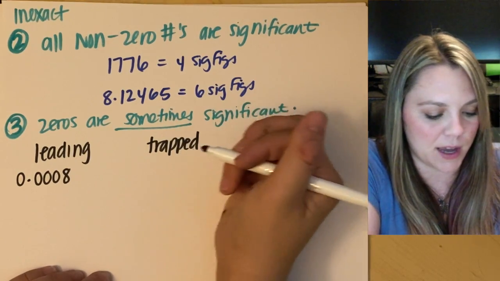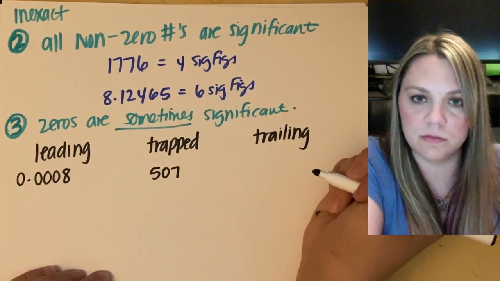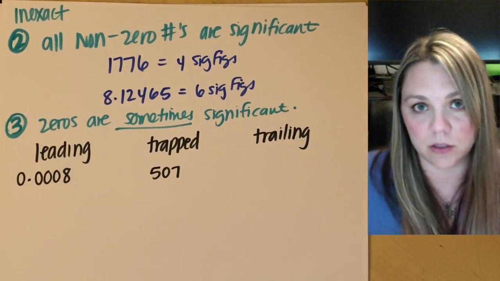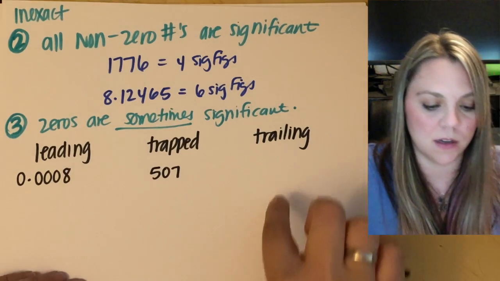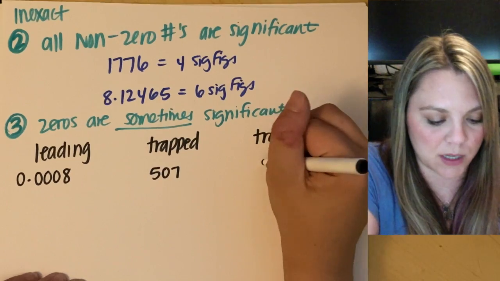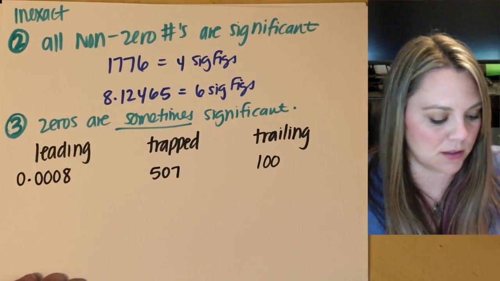So if I had 507 of something, that 0 is trapped between 2 significant figures. A trailing zero would be zeros like 100, trailing there at the end.